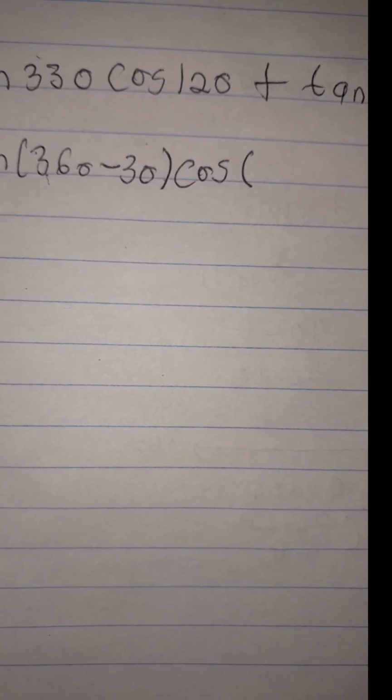Similar approach, but 120 is closer to 180. Let's reduce with the functional value of 180. Just say 180 minus 120, that will give you 60. And 180 minus 60 gives you 120. So we have cos of 180 minus 60.